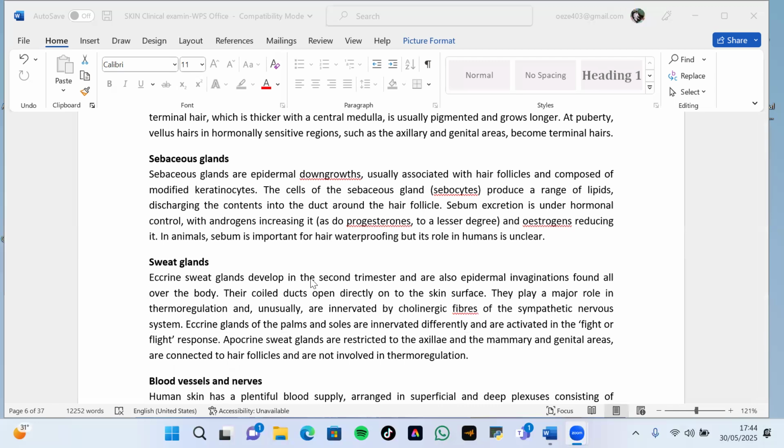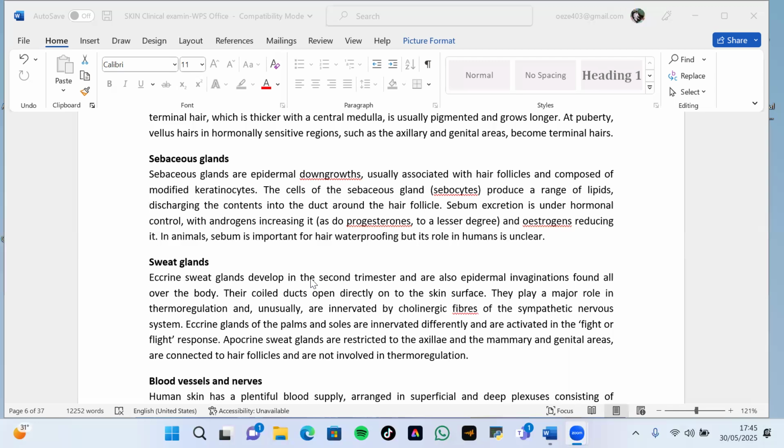The sebaceous glands are known as epidermal downgrowths, usually found alongside hair follicles, and they have a lot of keratinocytes. Okay. The cells of the sebaceous gland produce a range of lipid substances known as sebum.